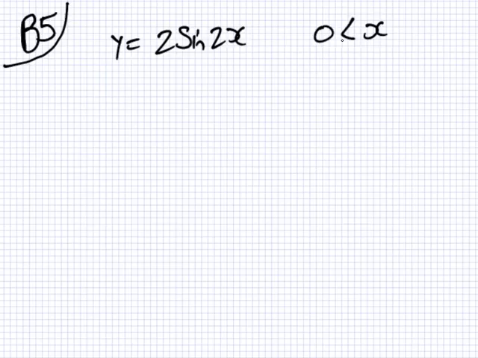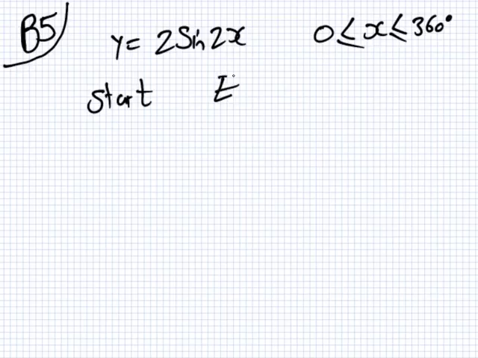Sketch the graph of y equals 2 sine 2x, where x is greater than or equal to 0 and less than or equal to 360. So we have start, end, min, max. It's not so bad. 0, 360.